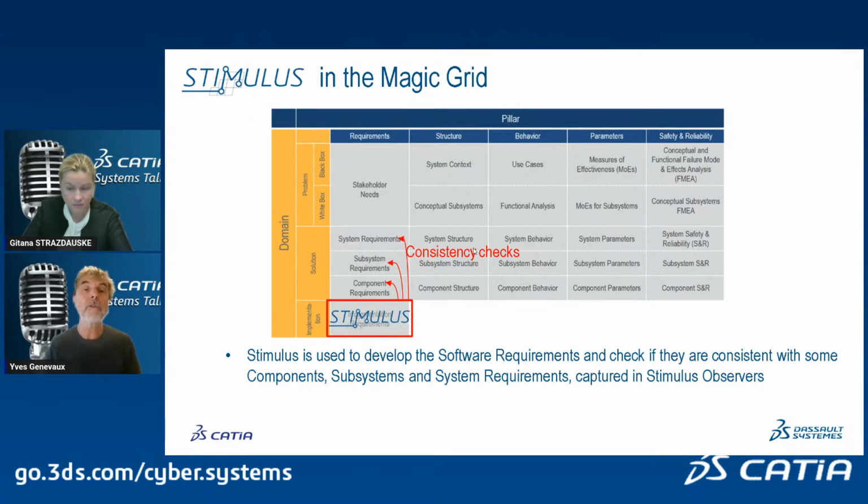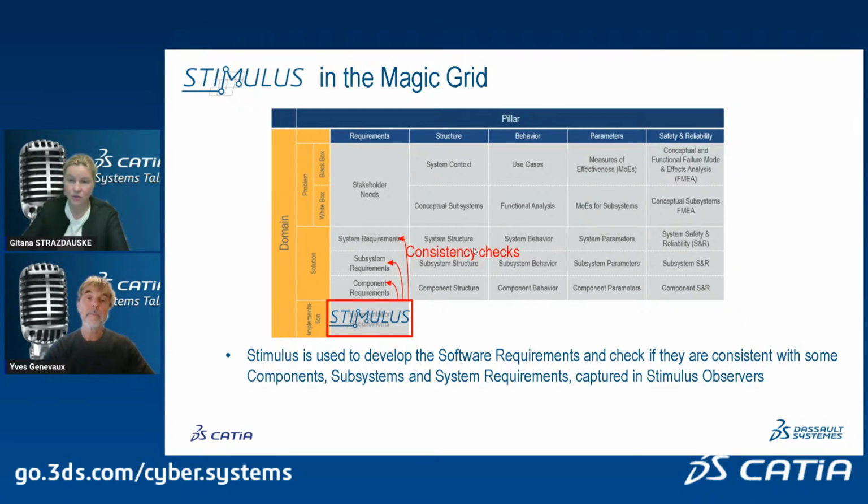But you can also capture higher level requirements, system requirements, subsystem requirements, as soon as they are a relationship between inputs and outputs, and verify when you simulate the model, which is the implementation requirement, you can verify if they are aligned with the higher level requirements. And that's a verification that is extremely difficult, and that's an understatement, to do if you're just using natural language requirements.